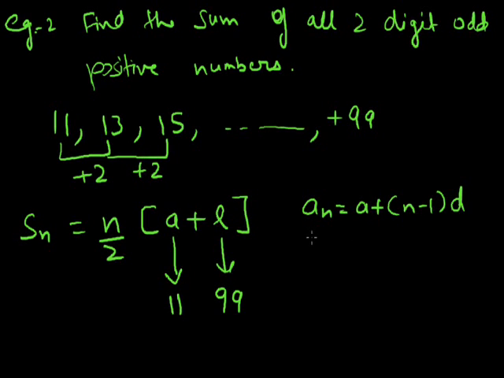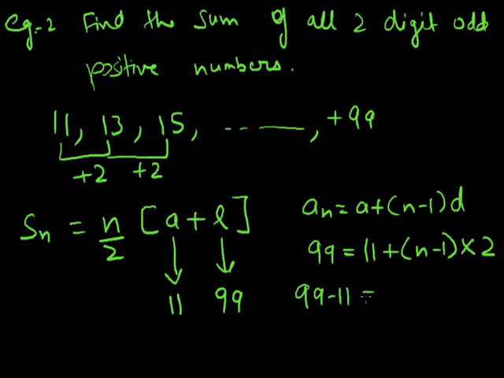As we know, an is the last term, so it is equal to 99. That is equal to a plus n minus 1 into d. a is 11 plus n minus 1 into d, which is plus 2. So we take this 11 to the other side of the equation. We get 99 minus 11 is equal to twice of n minus 1.